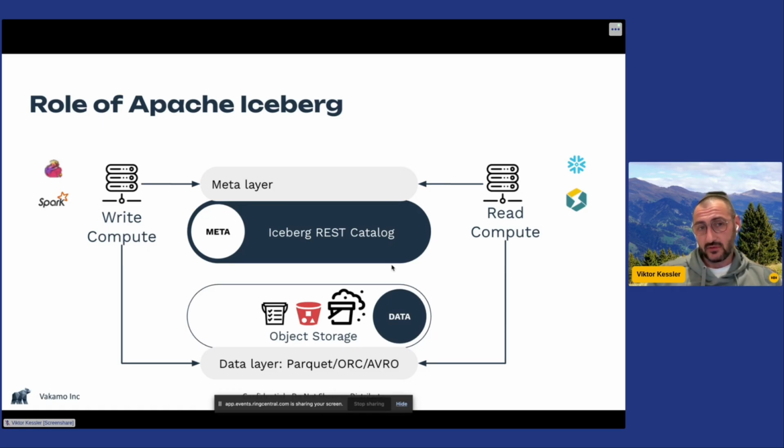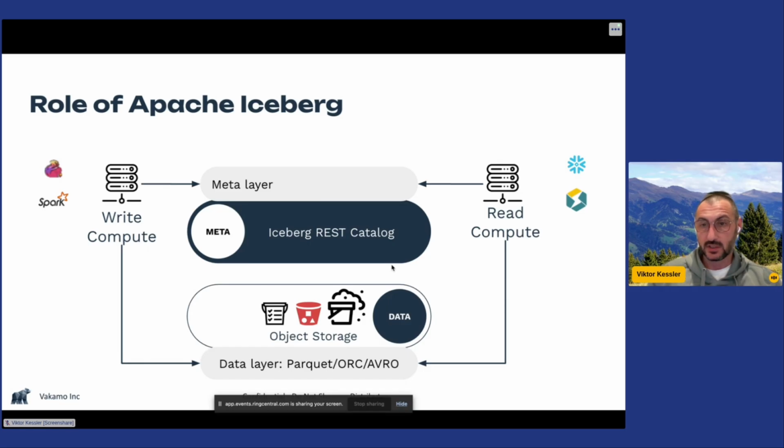The good part is that your write and read compute will go to the Iceberg meta layer and ask, for instance, where the location of that table is, and the catalog will tell you, okay, if you want to read the table, you need to go to this S3 location. Then the write and read compute will go directly to object storage. That separation avoids the bottleneck you know from a classical monolithic database approach of a data warehouse.